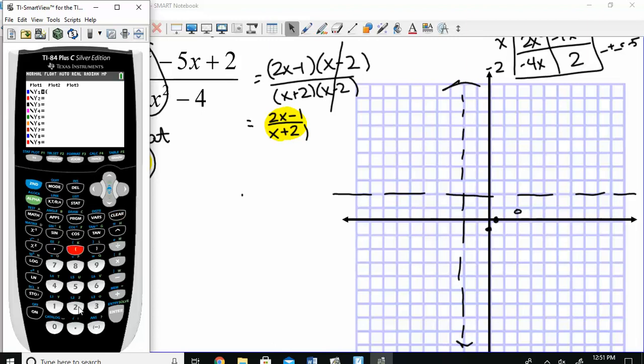So then, we'll graph this. I prefer to graph my original, just helps me catch any mistakes I may have made along the way.